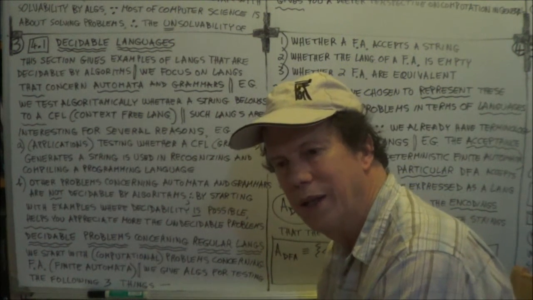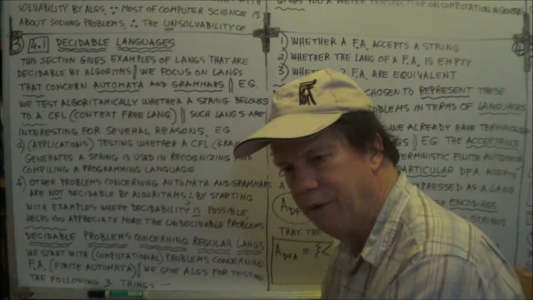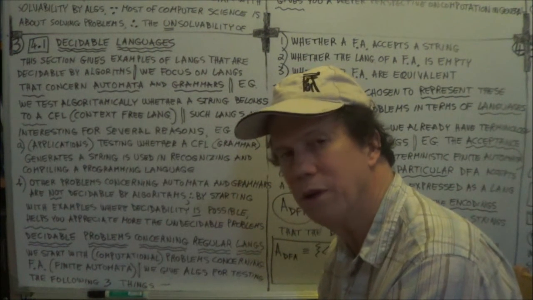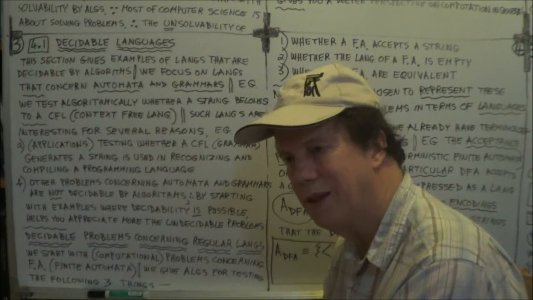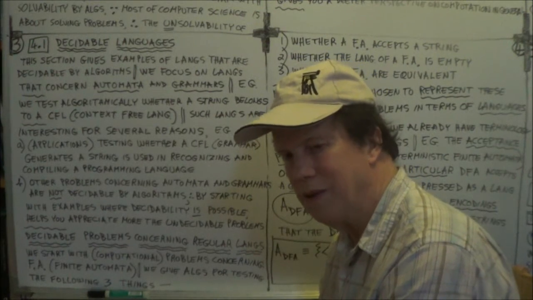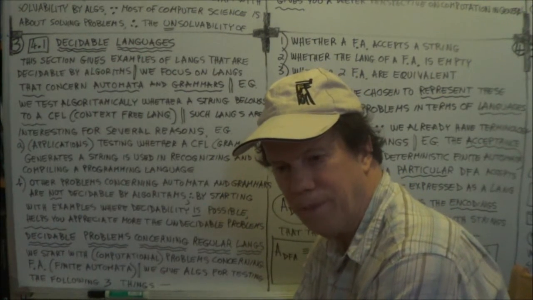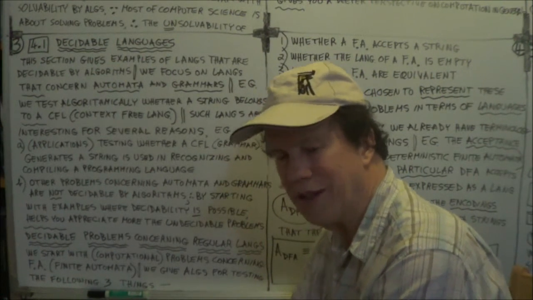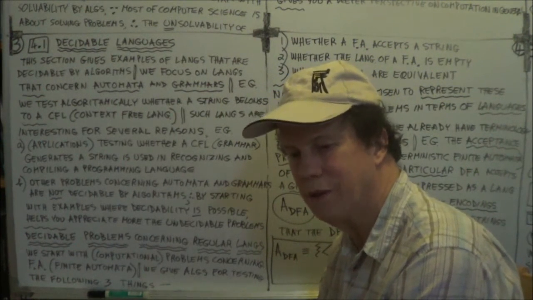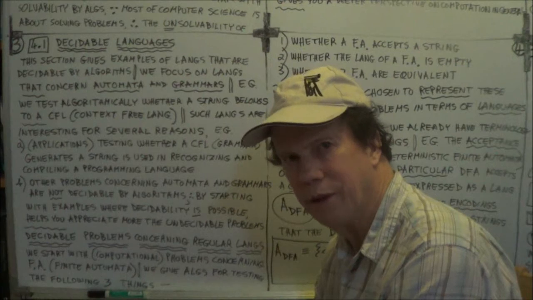What is a regular language? It's a language that is recognized by a finite automaton. Finite in the sense it doesn't have infinite memory, right? It has a finite number of states, that kind of thing. So the memory that it does have is implicit in the states of the automaton. Okay? Since it has a finite number of states, you cannot have an infinite memory. So finite automata cannot solve problems that involve an infinite amount of memory.